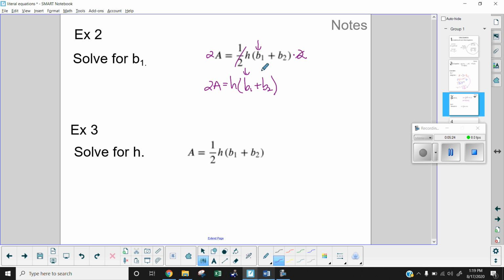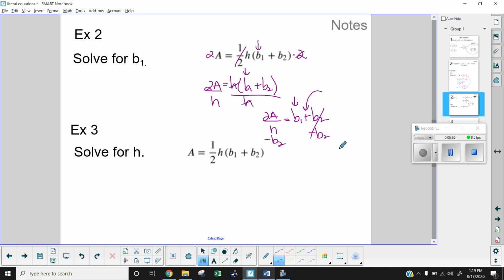Still focused on solving for b1, I'm going to divide by h, which gives me 2a over h is equal to b1 plus b2. Now I'm going to get b1 alone in one last step by subtracting b2 from both sides, because it's adjoined to the b1 via addition.